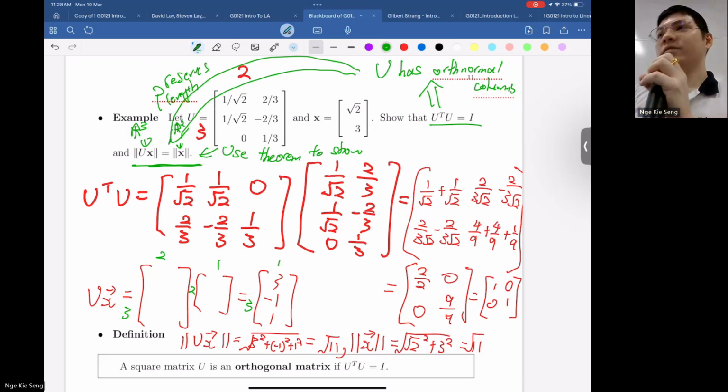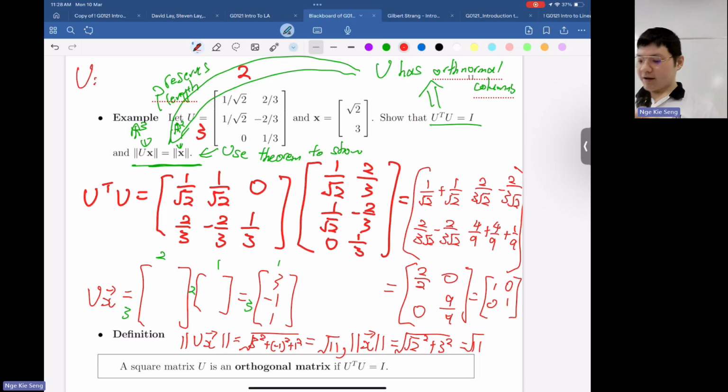In other words, U is a mapping that takes an R2 and maps it to R3. It's like taking this paper and seeing how it sits inside R3. But the length didn't change. Just the position changed.